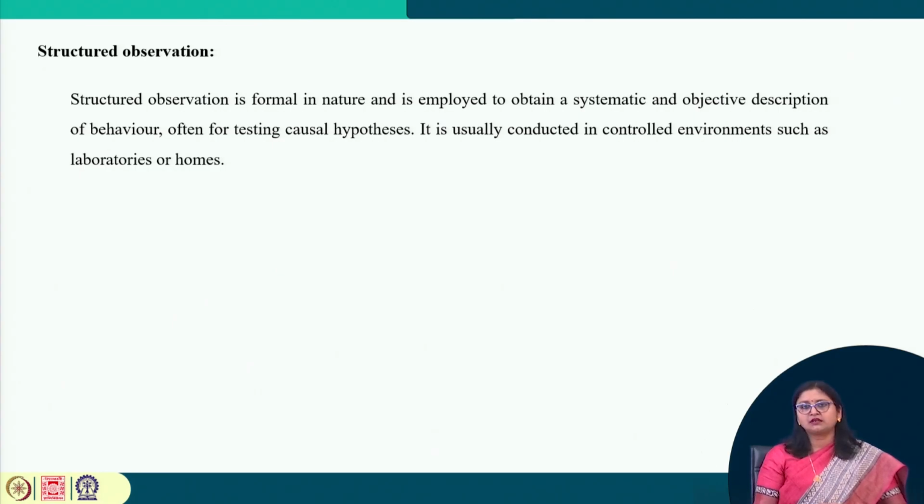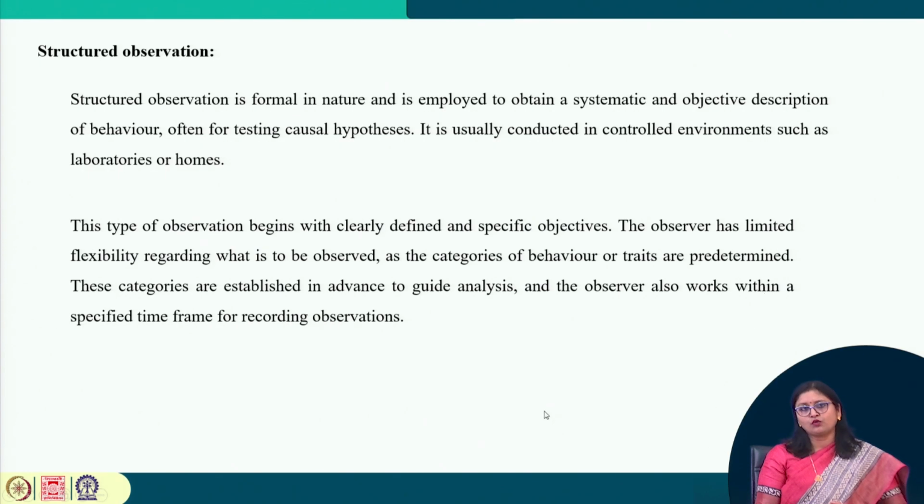It is usually conducted in a controlled environment such as laboratories or home. This type of observation begins with clear, defined and specific objectives, and the observer has limited flexibility regarding what is to be observed, as the categories of behavior or traits are predetermined.